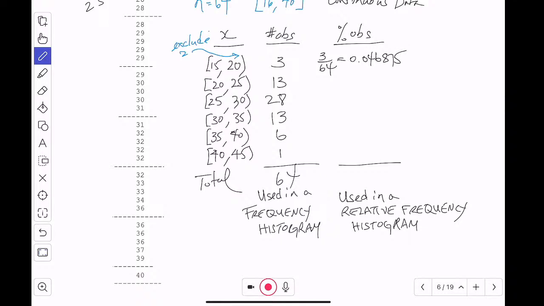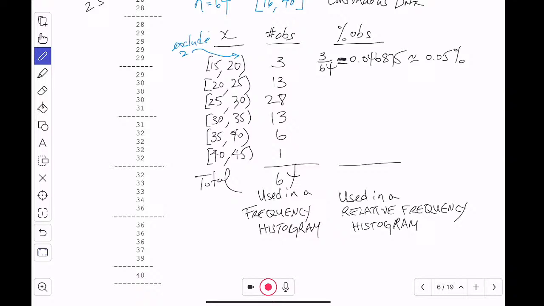Okay. So I'm going to round that, make it simple. This is 0.05%. And then the next one, 13 divided by 64, I'm going to round it to, wow, what did I just do?